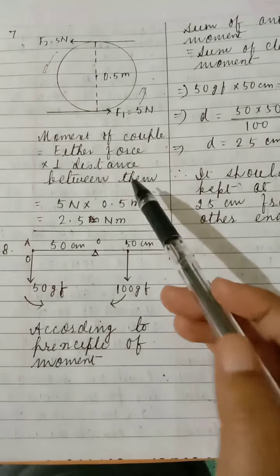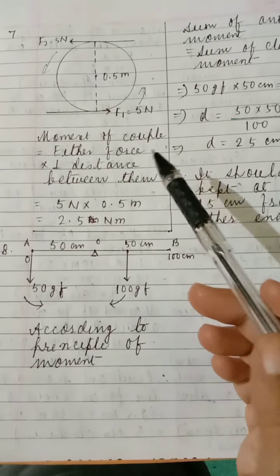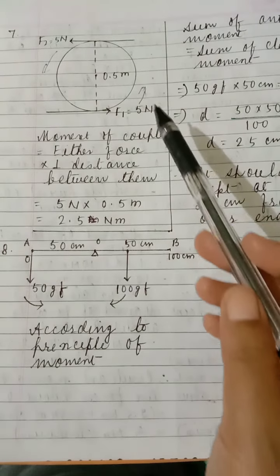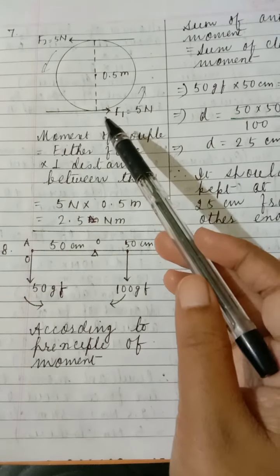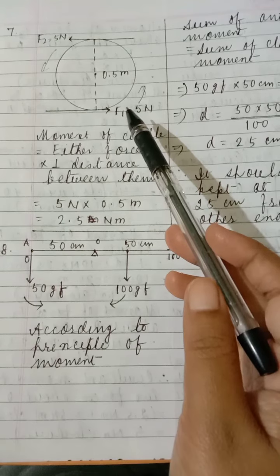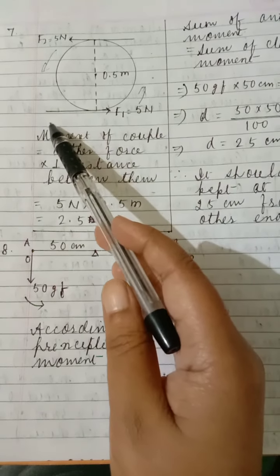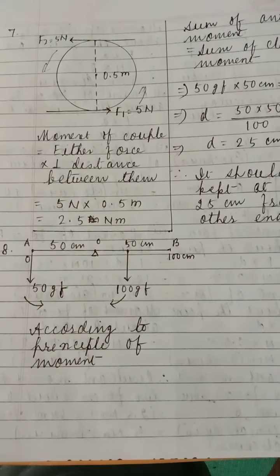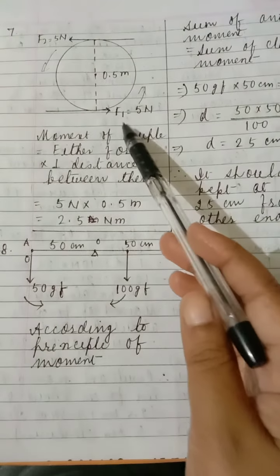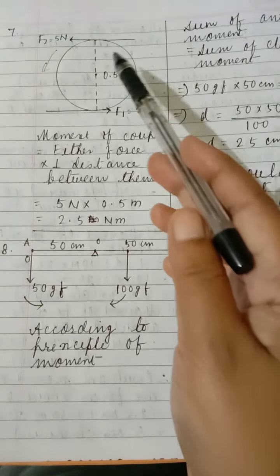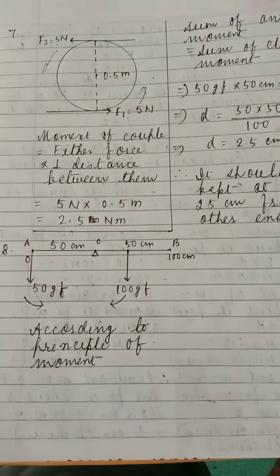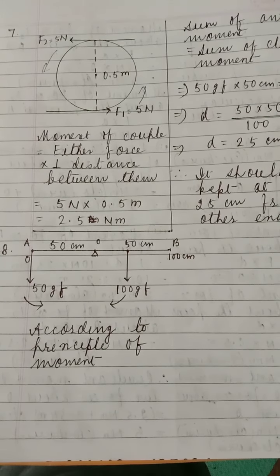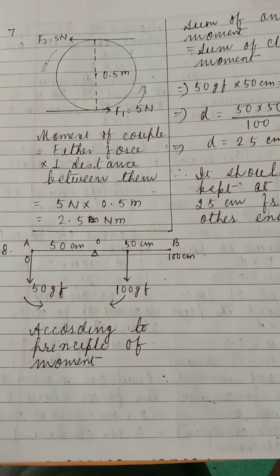Since we have to draw the diagram ourselves, this is the diagram which we have drawn. To rotate the wheel in the anti-clockwise direction we have to apply the forces in this direction, and 5 Newton is the force applied. We have to find the moment of force also.